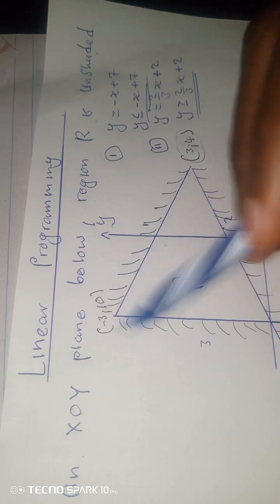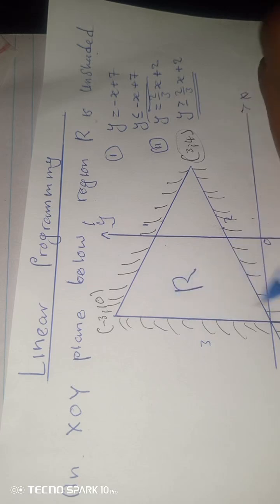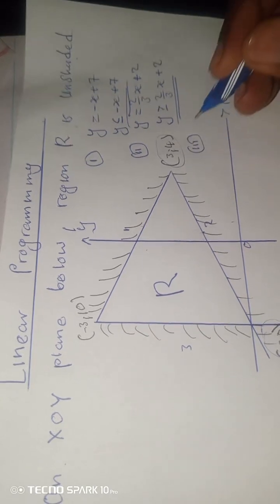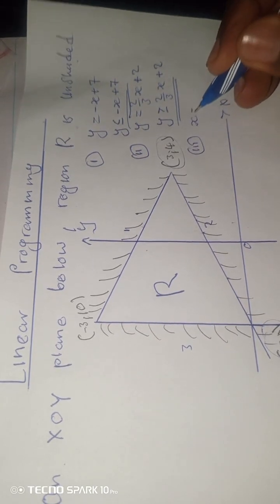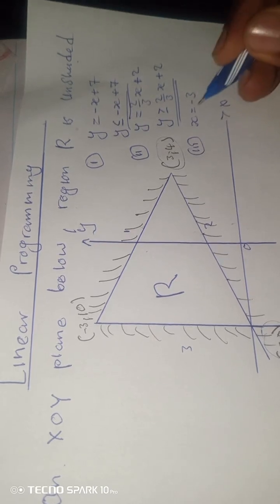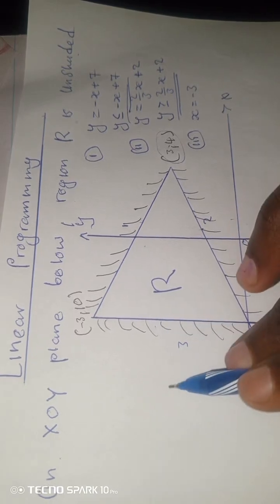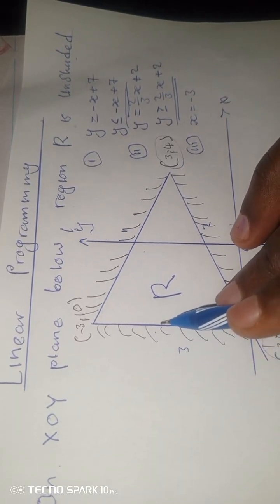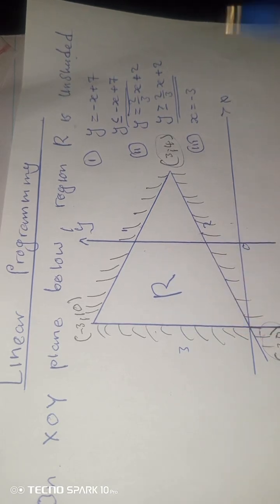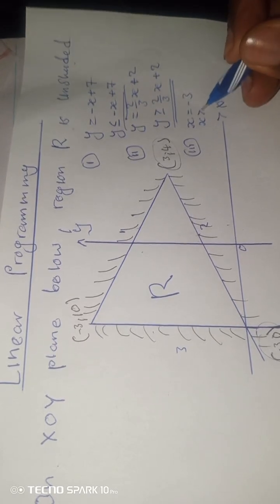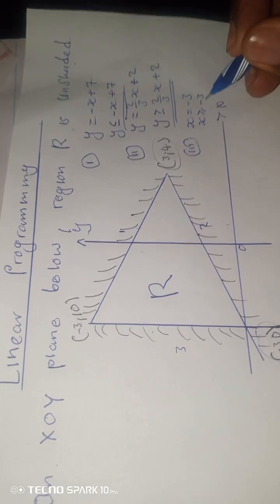So the equation of the vertical line here, it will be just x equals to -3, but we are not supposed to use the equal sign. So now, since they have shaded the less part, then the symbol that we are supposed to use is the greater part. So here it will be x greater or equal to -3. Then you are done.